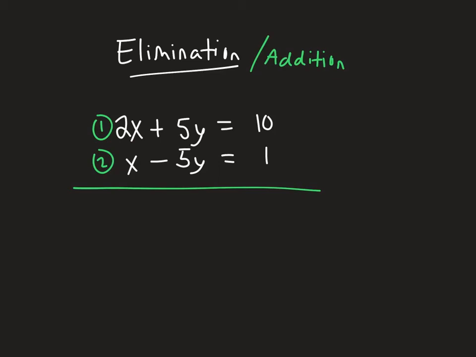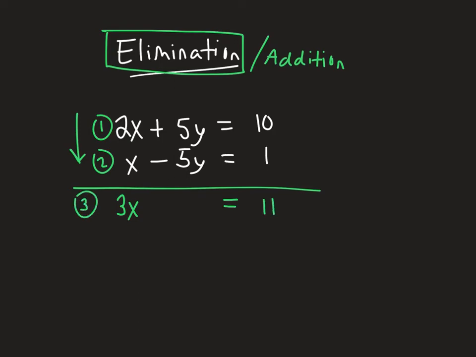Take a look at what happens when I add these straight down. The 2x plus x becomes 3x. The positive 5y and the minus 5y actually eliminate, right? And the 10 and the 1 is 11. So you would get a new equation 3, which is solvable.